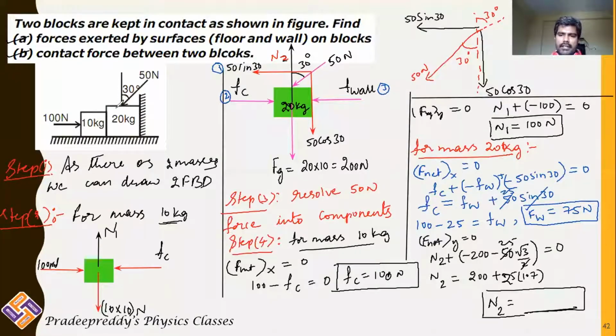We have calculated that. Next, wall force, it is 75 Newton. We have calculated that. So this is the way you can plot free body diagrams for the number of masses involved in the problem, and you can use this stepwise procedure to find out unknown physical quantities, unknown forces, as well as accelerations in that given situation.